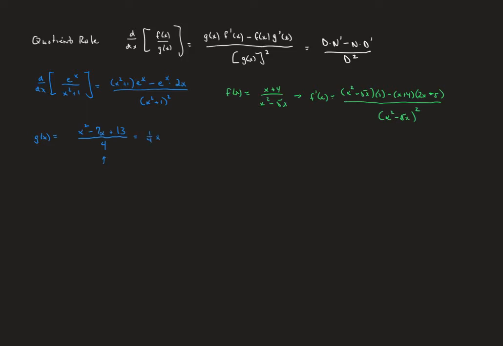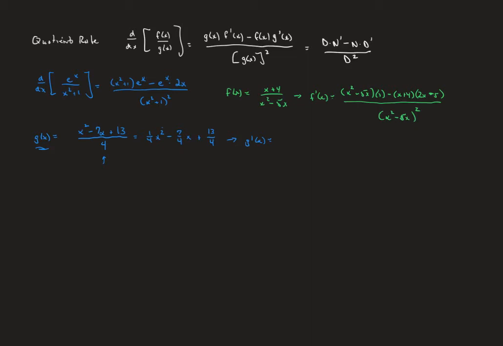So we can call that 1/4 x squared. I haven't done any calculus yet. Minus 7/4 x plus 13/4. So that's still g. We haven't taken a derivative yet.